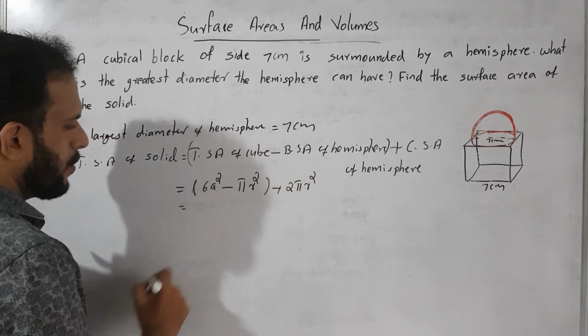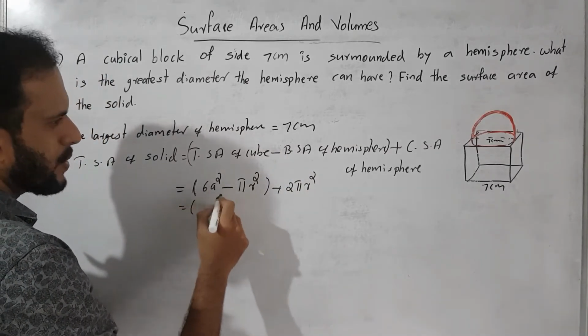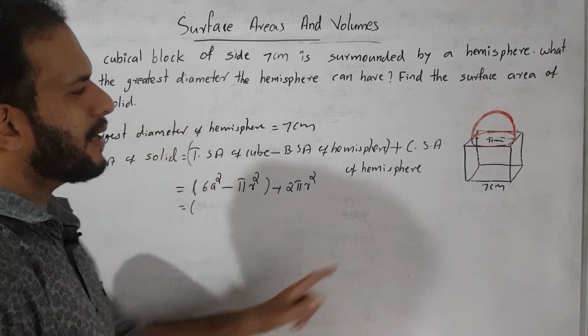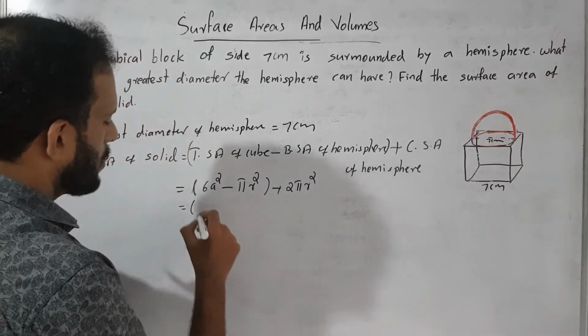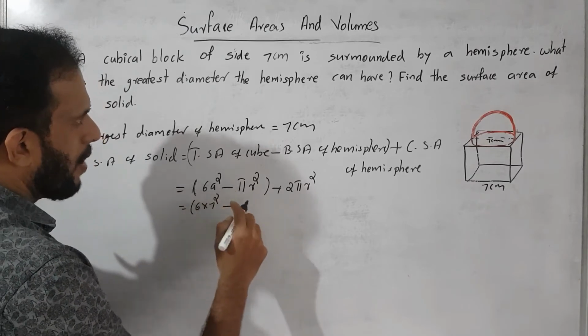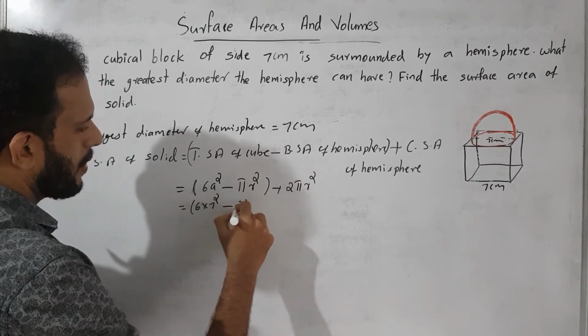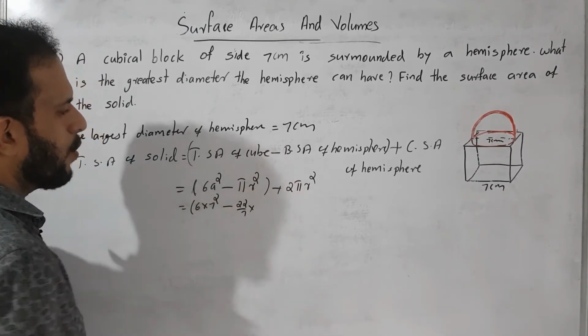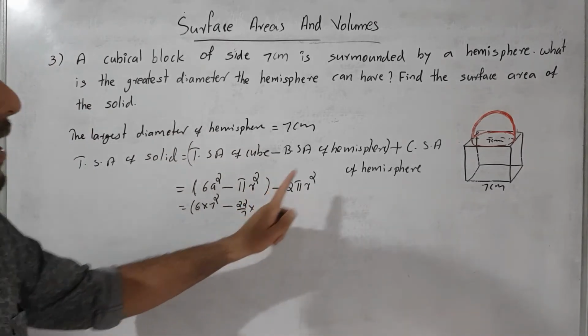Then substituting the values, it is equal to 6a square. What is a? A is the side of the cube. Then 6 into 7 square minus, pi value is 22 by 7. Then we know the radius of the hemisphere.